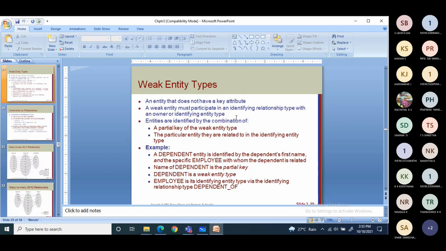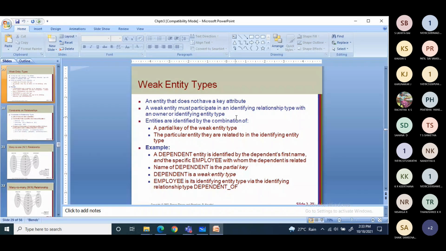So next is weak entity. Weak entity means there is no key. What do we mean by key? Key attribute means it is a unique attribute or unique value. Any entity that does not have a key attribute, such entities we can call a weak entity.